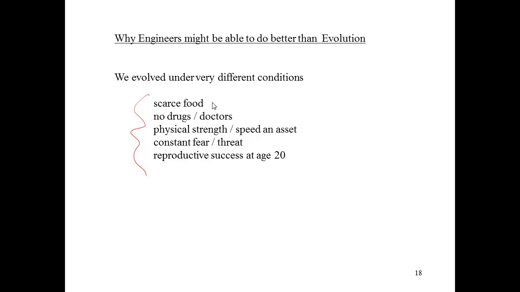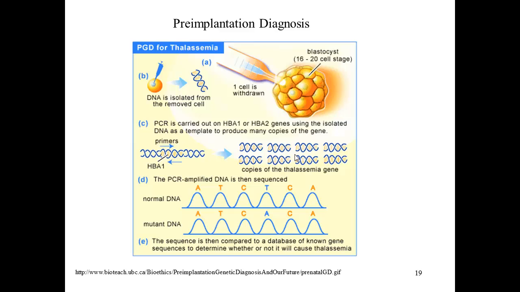We no longer have great food scarcity. We have doctors to help us heal many illnesses which might have otherwise proved fatal and prevented reproduction. Physical strength is less of an asset than it used to be, and our hormonal chemistry and our lifestyles are quite different. And so accelerated engineering, accelerated evolution might be able to improve our fitness for our current situation.